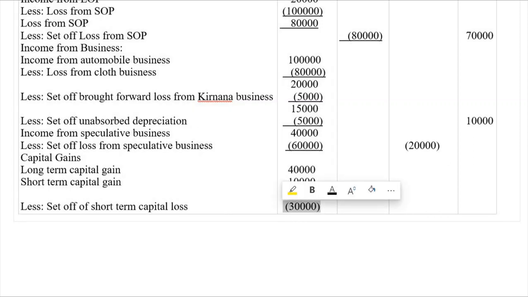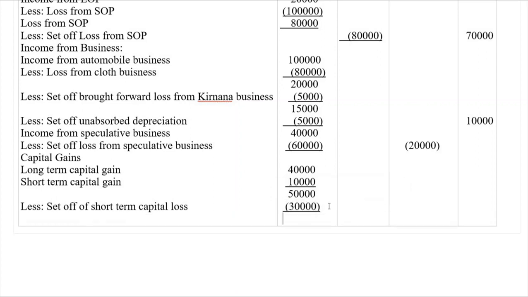The 20,000 is a capital gain, which shall be taken to the GTI column here. This is the capital gain which is remaining.